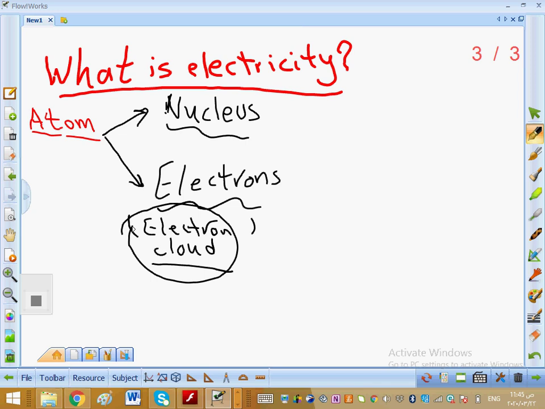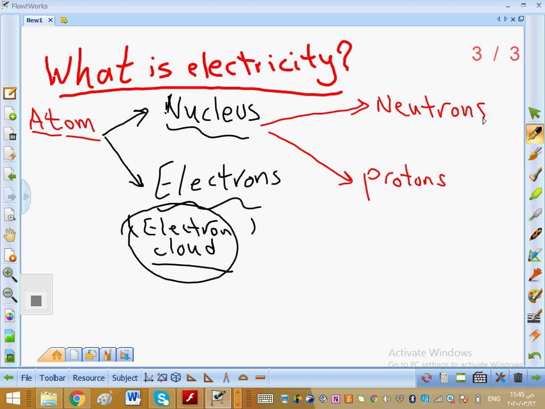Then, the nucleus includes two main components. It includes protons and neutrons. So, protons and neutrons are found where?